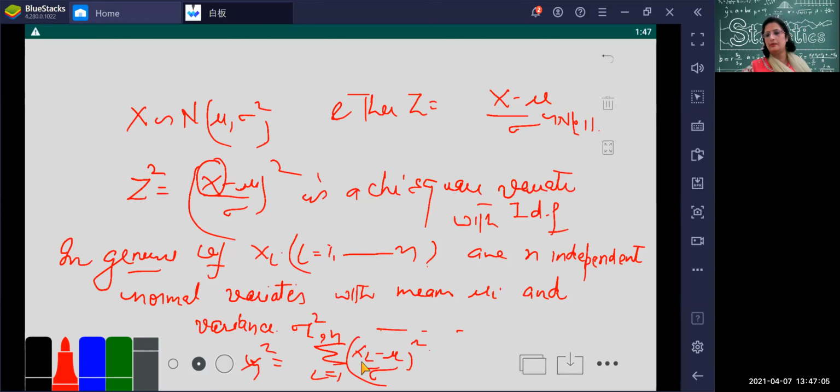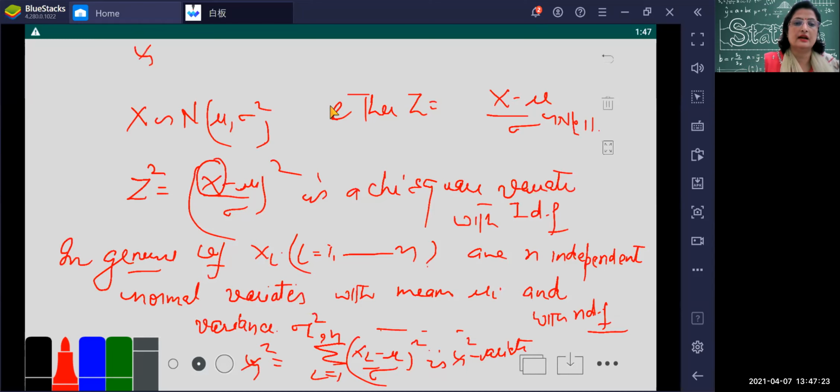We have added n variates. This is also a chi-square variate, with n degrees of freedom. So this is the definition of chi-square.